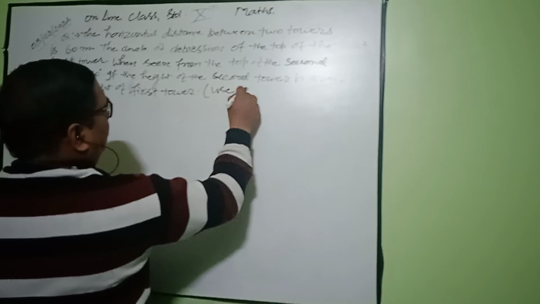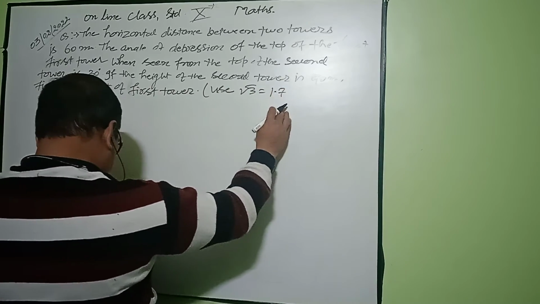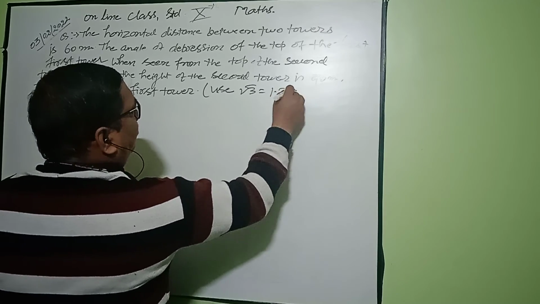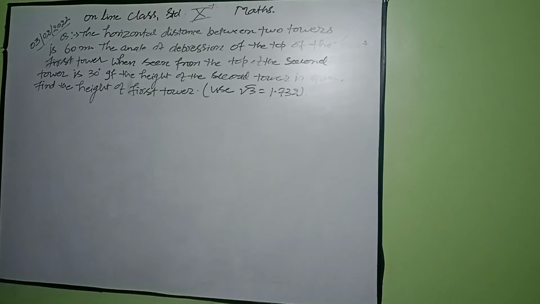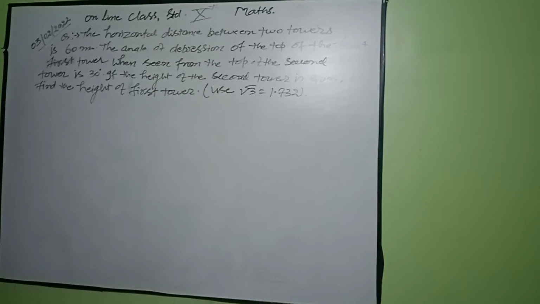Use root 3 equal to 1.732. Okay. When horizontal distance between two towers is 60 meters, the angle of depression of the top of the first tower when seen from the second tower is 30 degree. If the height of the second tower is 90 meters, find the height of the first tower.